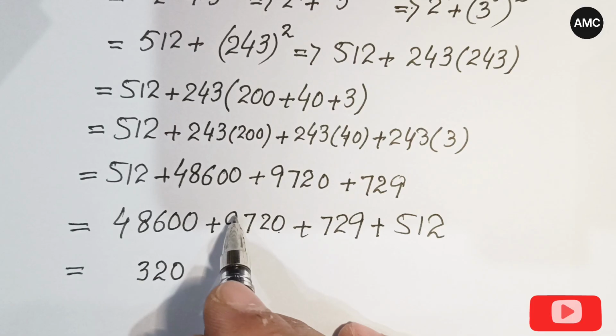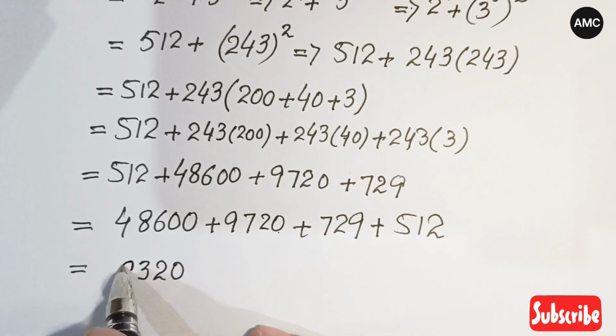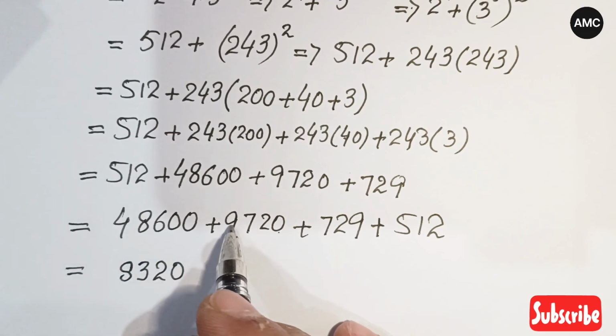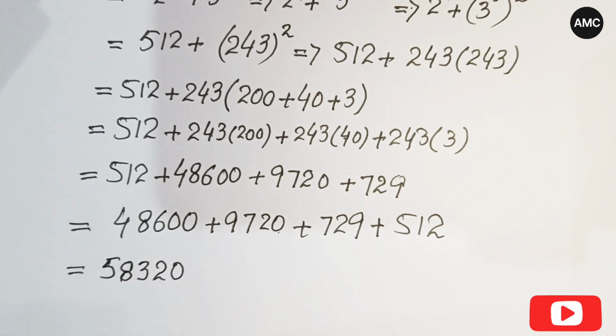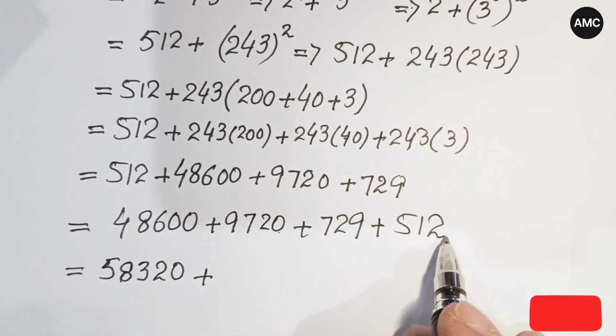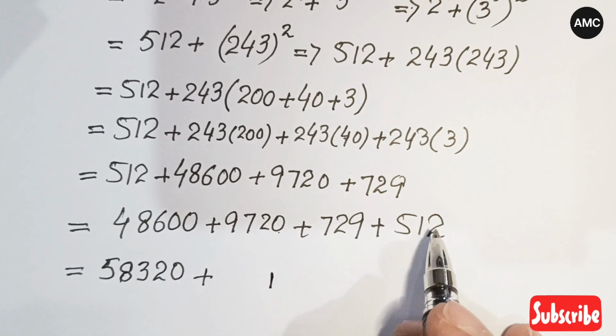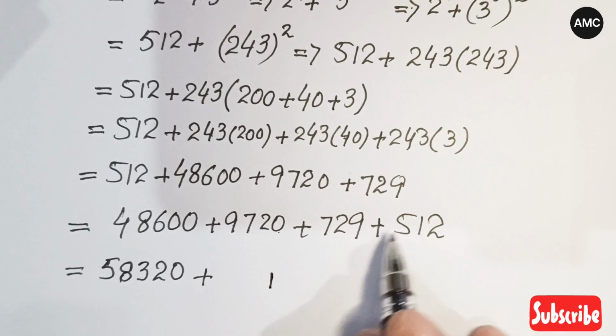So 9 and 1 is 10, and 8 is 18, and 1 carry. So here we get 4 and 1 is 5. Adding these two, 9 plus 2 is 11, 1 carry, 1 plus 1 is 2, and 2 is 4.